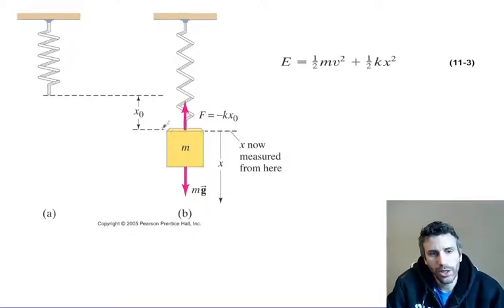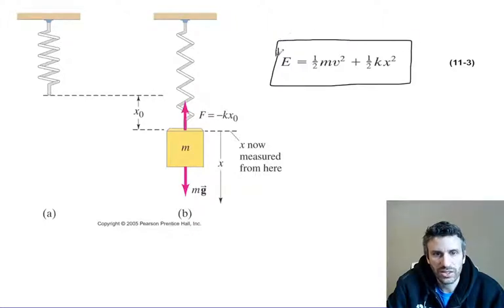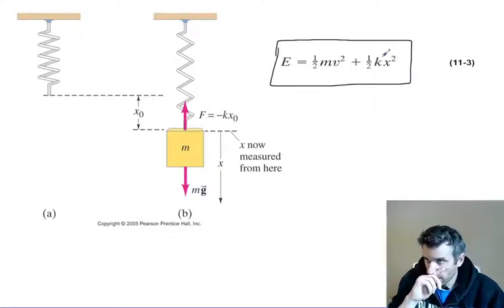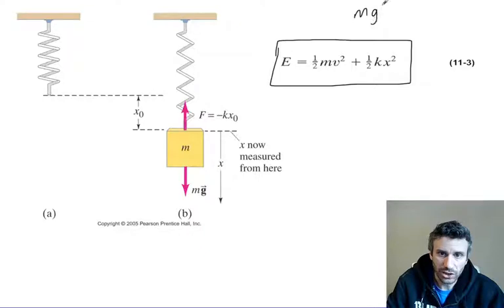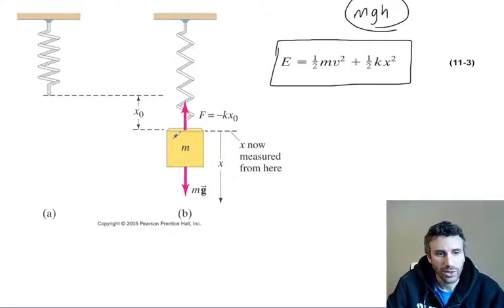What a lot of people don't realize is that the total energy of the system is still simply 1/2 mv squared plus 1/2 kx squared. You do not have to add in the gravitational potential energy, the mgh. This does not need to be added in because we had let this object settle in, right?